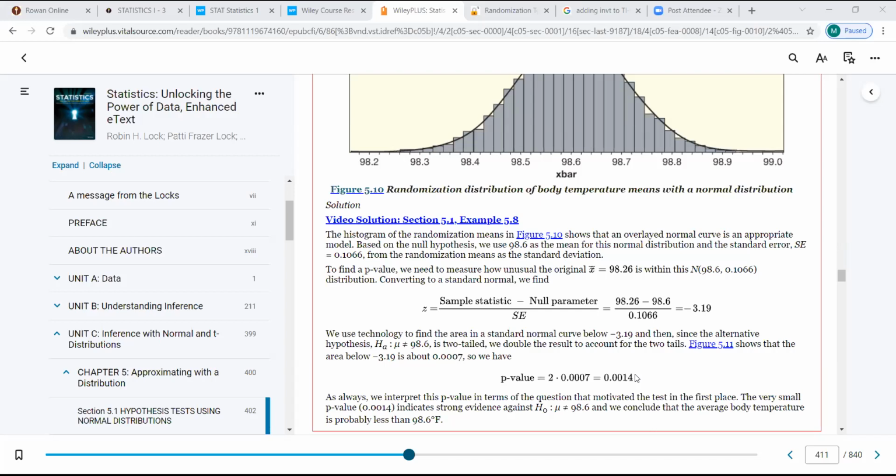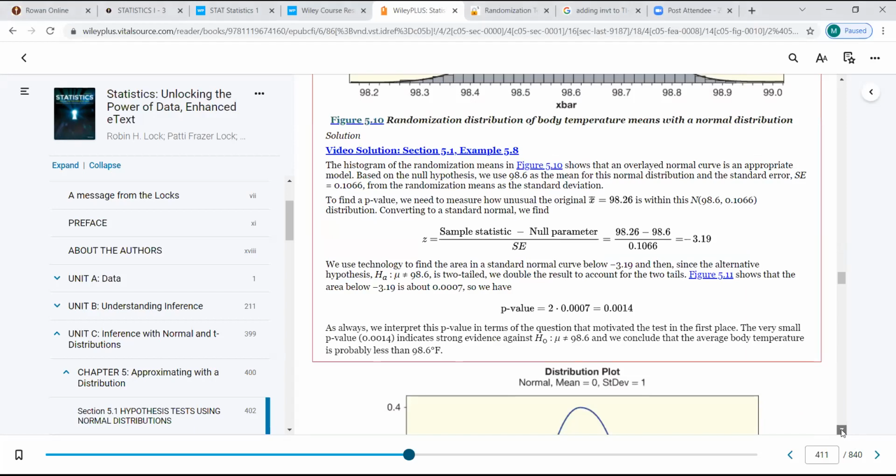It's something else. So at the 5% significance level, there is enough evidence to support the claim that the core temperature of the population is something other than 98.6. That would be the conclusion, rejecting the null hypothesis.